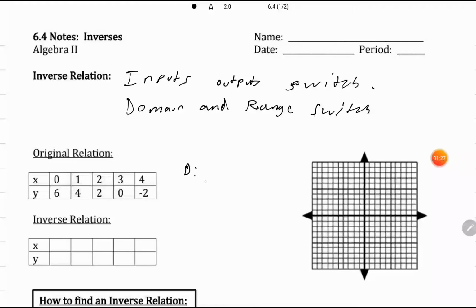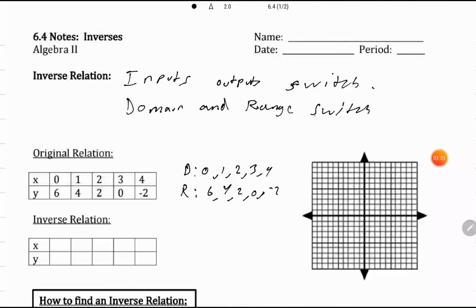If your x values go forever to the left, it's negative infinity, and all the way to the right, it's positive infinity, so negative infinity to infinity. In this case, it's just 0, 1, 2, 3, 4. And then your y values for your range: 6, 4, 2, 0, negative 2.